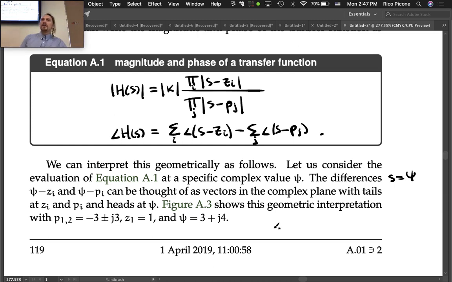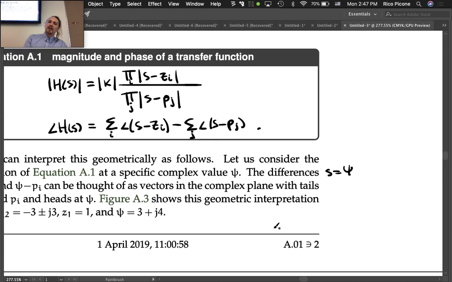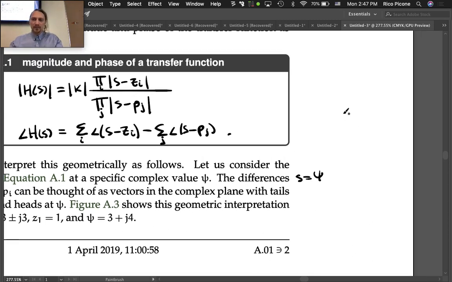So let's unpack that for a second. We've got the complex plane. If you think of things in the complex plane as being vectors, then a complex number, let's say 2 plus j2, so this is 2, and this is 2.